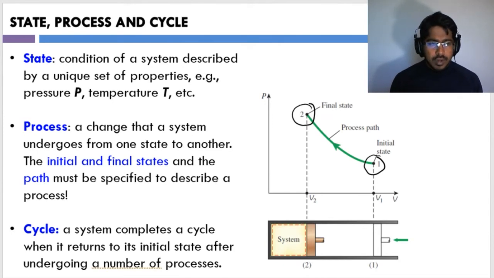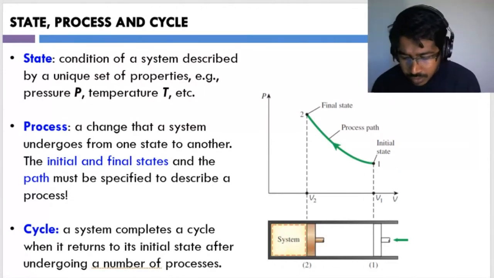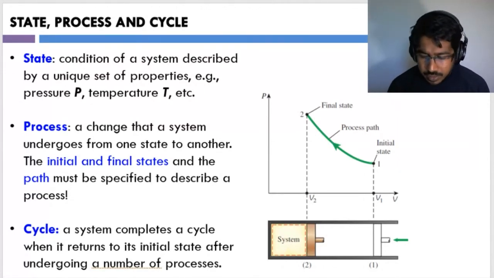Perfect. So process, the next important aspect of thermodynamic assessment, is a process. We can call it a change that a system undergoes from one state to another. The initial and final states and the path must be specified to describe a process, right? So now, looking at the definition, can you say that the green line is a process? Yes, it is, because let's check from the definition.